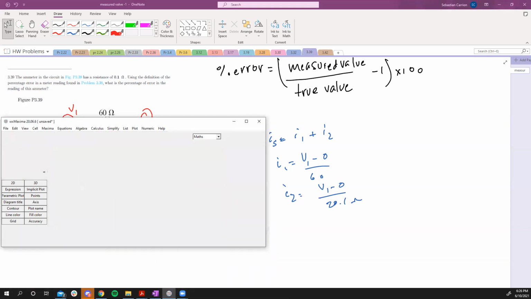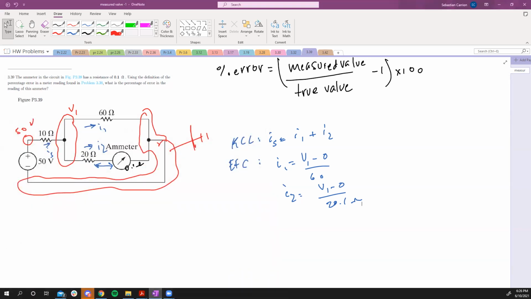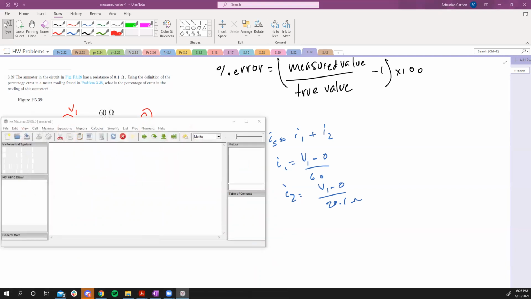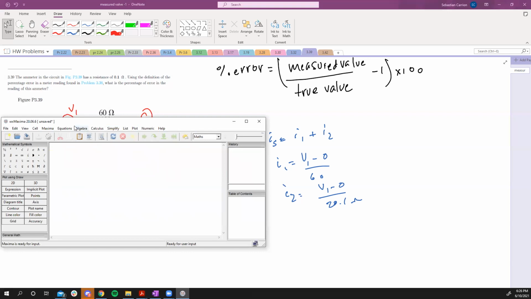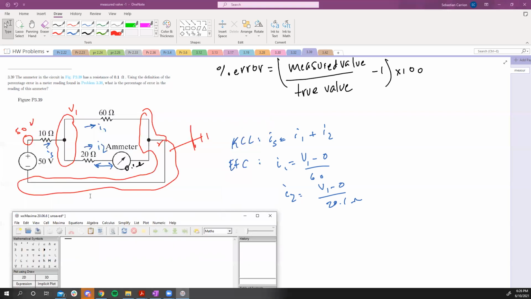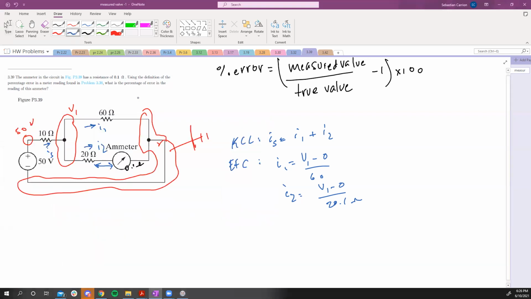So restart Maxima, no connection. So before I do that, I'm gonna just write this equation.